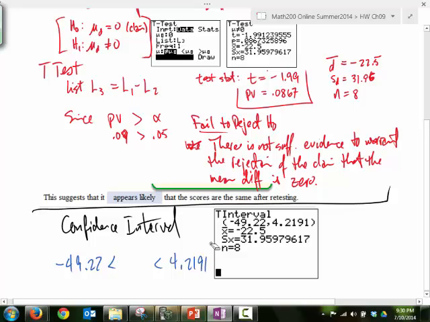What is that symbol that goes in between? Mu sub d, right? The same as in the hypothesis test. The null hypothesis, this is going to be the symbol for mu sub d. Contains 0, doesn't seem to be a difference, and that's the same conclusion that we got from before, but it's significantly the same.